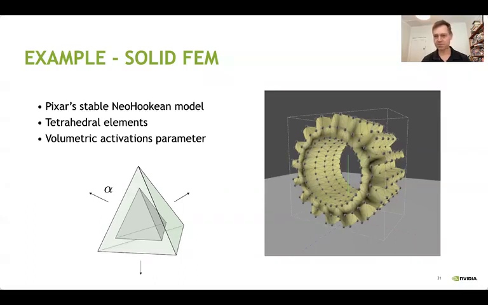For solid FEM, we can implement things like Pixar's stable neo-Hookean model inside this type of automatic differentiation framework. And now we have an actuation parameter on volumetric strain, essentially, so we can control expansion and contraction of each element. And so this mesh on the right is just a sort of a tire, a wheel, and we can again use an open loop controller to actuate each of these elements individually over time.